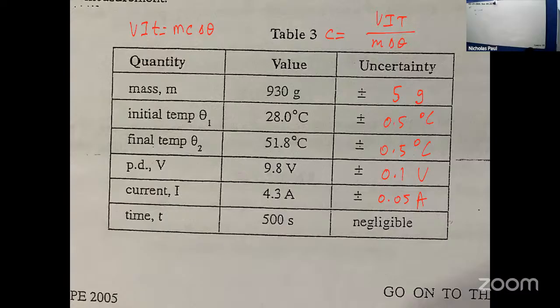Because you have to subtract 51.8 and 28, and you have to include the errors. We never subtract errors, we add them. So the error in delta theta is not 0.5, it's 1. Don't forget that.